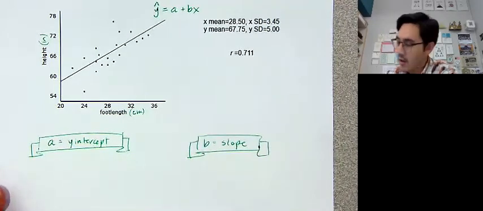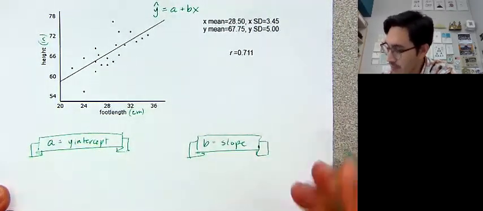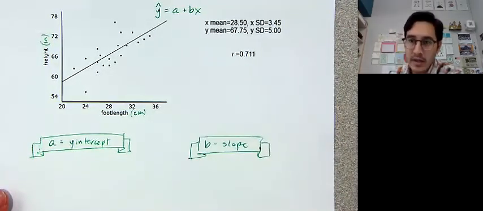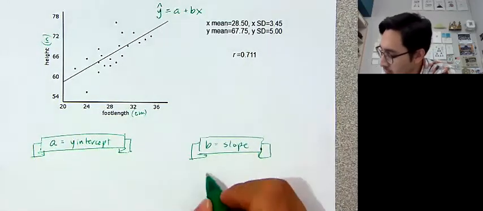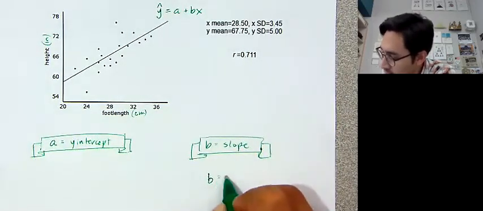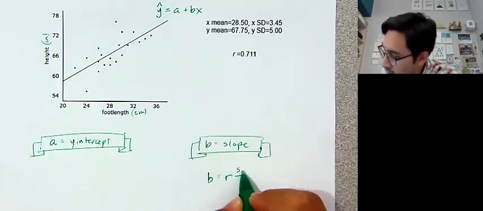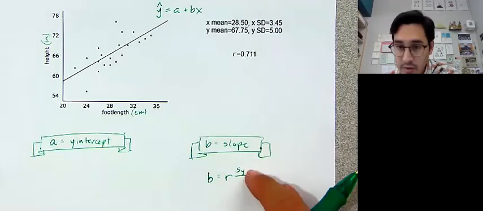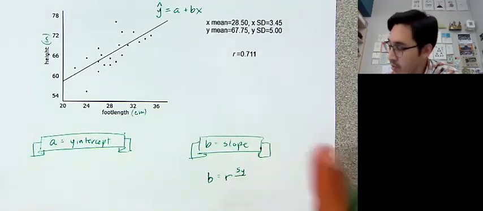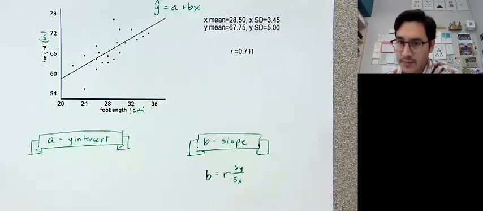So we're going to calculate the slope first. There's actually a very nice compact formula for determining the slope. It is the correlation coefficient multiplied by the ratio of the standard deviations, so the standard deviation of the y variable divided by the standard deviation of the x variable.